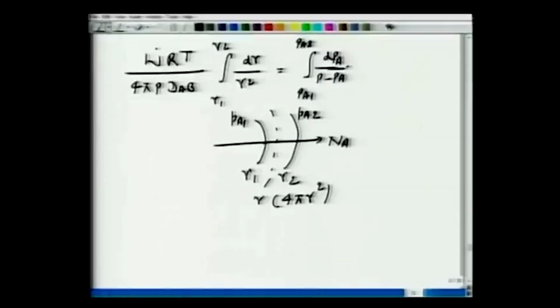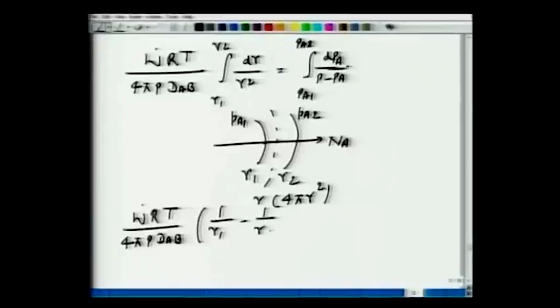So we obtain W dot RT over 4 pi P DAB times (1 over R1 minus 1 over R2) equals ln of (total pressure minus PA2) over (P minus PA1).